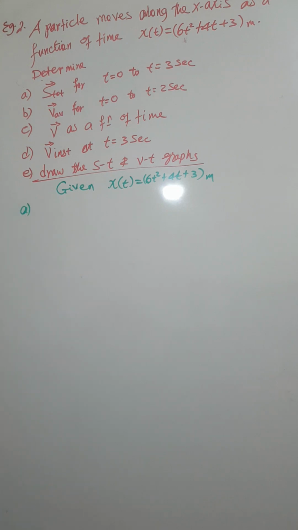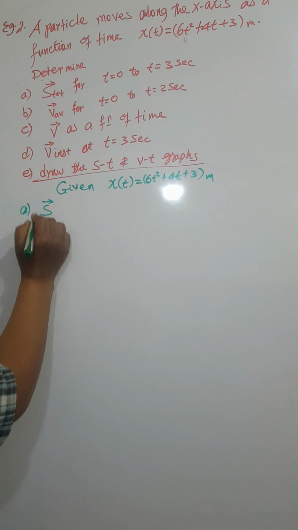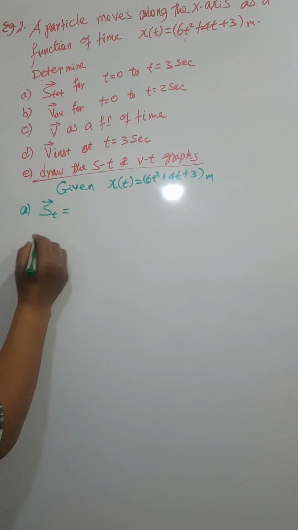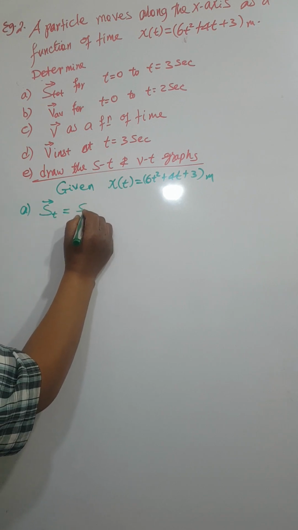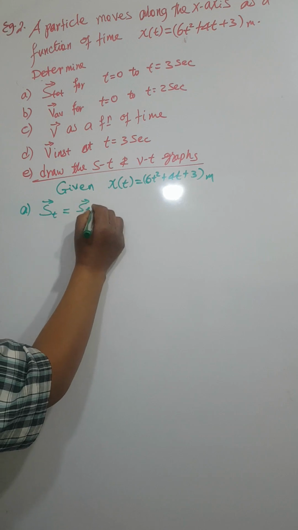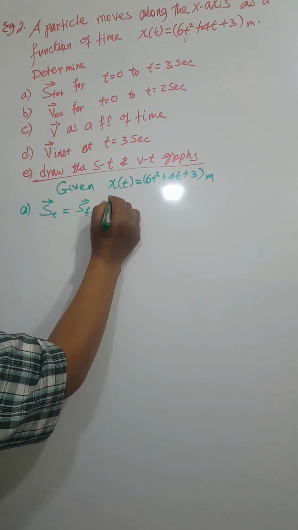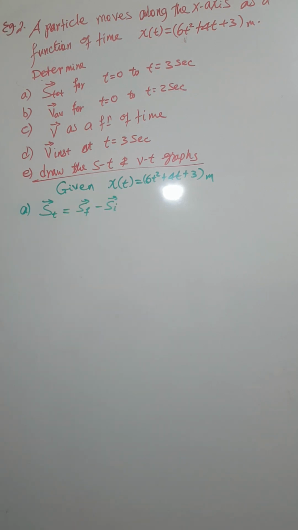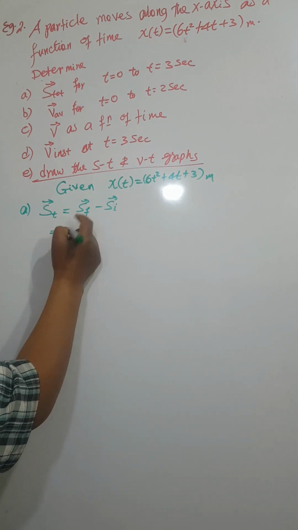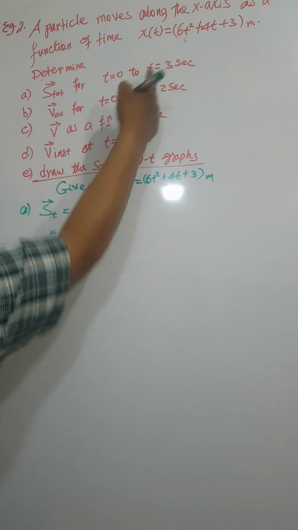Now displacement for the time interval of 0 and 3 seconds. So total displacement is equal to displacement final minus displacement initial. Now the displacement final is the final displacement at which the time is 3 seconds.